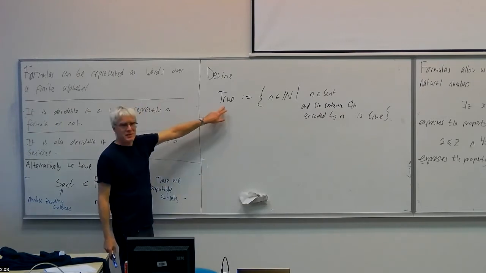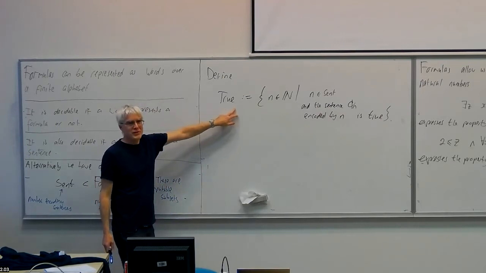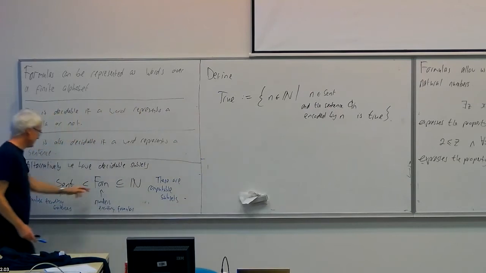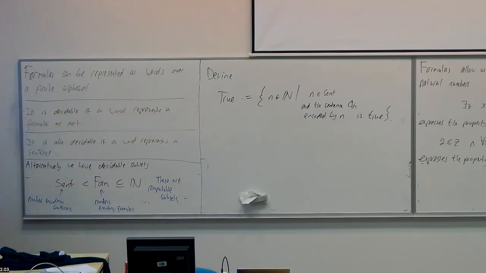So can anyone guess what the difference is between True and these two sets, or what a difference is? Right, it's not decidable, very good. Anything else? Well, it's not decidable, so it's certainly a subset of the set of sentences.